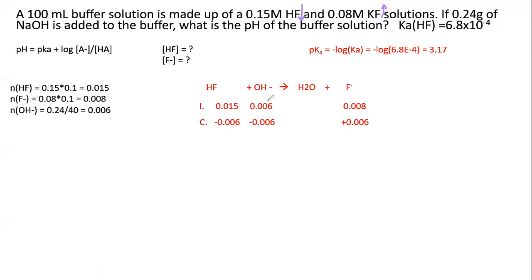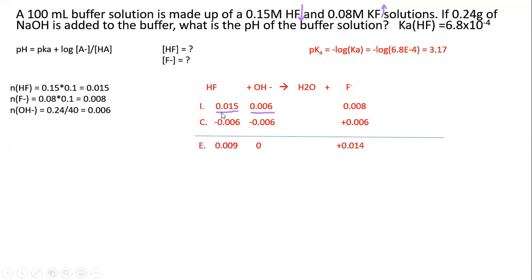Now, just to let you know, if the moles of hydroxide are greater than the moles of weak acid, you've destroyed the buffer. So for example, if this said 0.02 moles of OH minus, then the buffer is destroyed. All we do is simply determine how many moles of OH minus is left over, and then we can find the pOH and pH. So again, if the moles of hydroxide exceed the moles of HF, the buffer is destroyed.